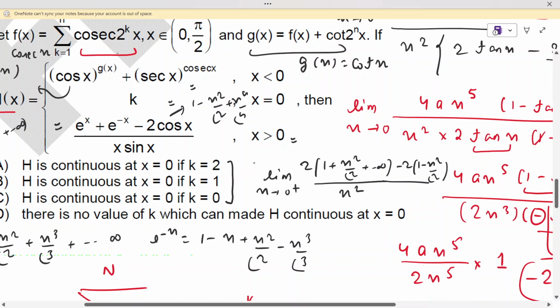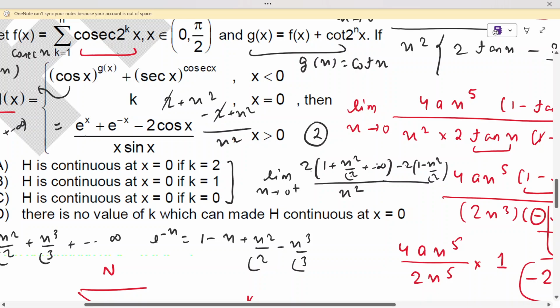So it is like 2 plus 2x square by 2 factorial, that is x square itself, minus (2 plus x square)... actually minus (1 minus x square by 2), so we get 2 plus x square, minus 2 plus x square, upon x square. So this one is gone and we obtain 2, right?